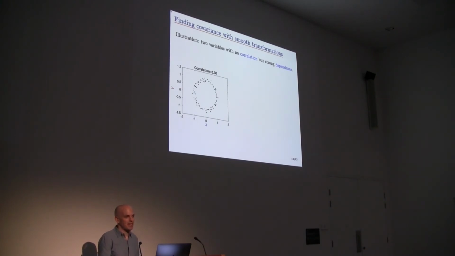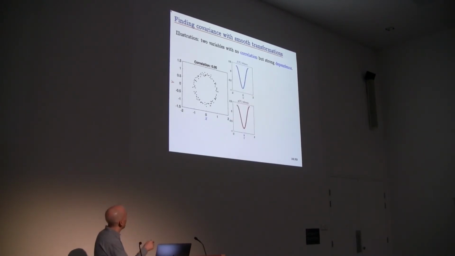So what's a nice way of giving an interpretable way of showing that x and y are strongly dependent? Here's one way. I could take my x here, and I could pass it through a smooth function. This f(x) is a smooth function. And I could take my y and pass it through a smooth function.